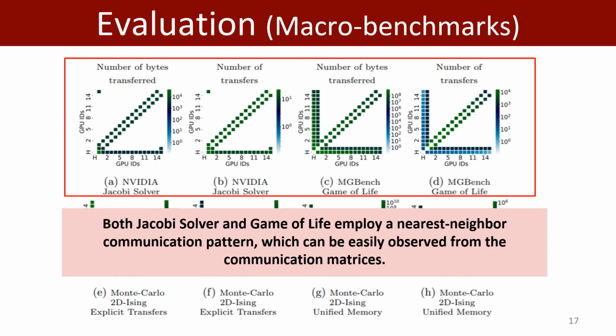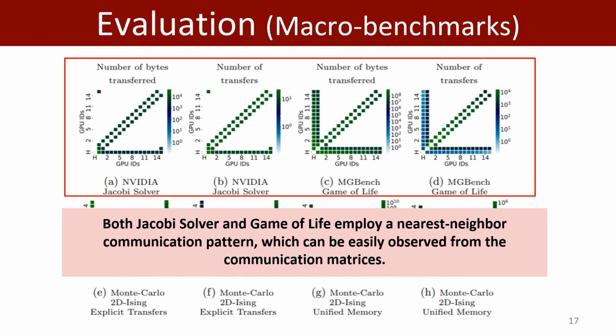In figures A to D, from the non-zero diagonals, we can observe that both the Jacobi solver and game of life employ a nearest neighbor communication pattern, where one GPU shares a halo region with its nearest neighbors and communicates with them in every iteration to exchange and update the halo cells.